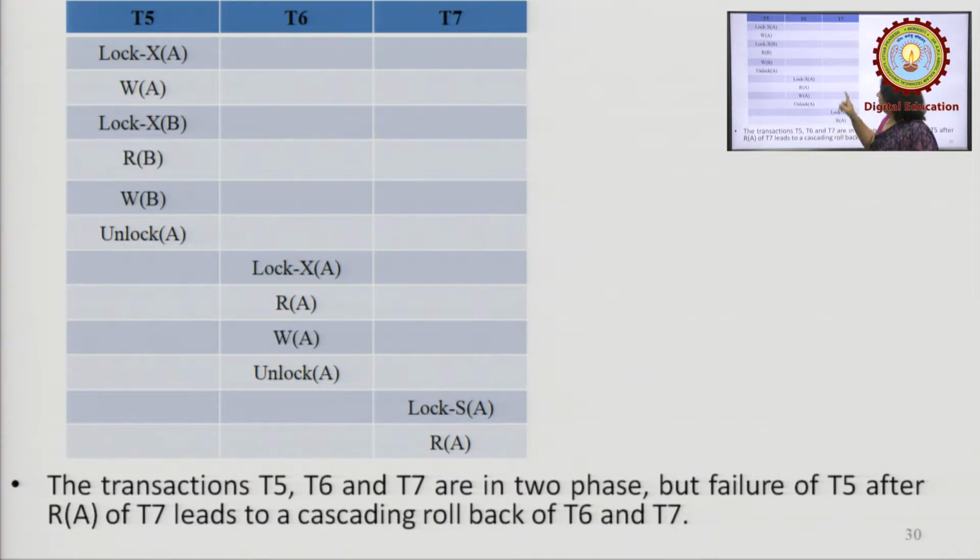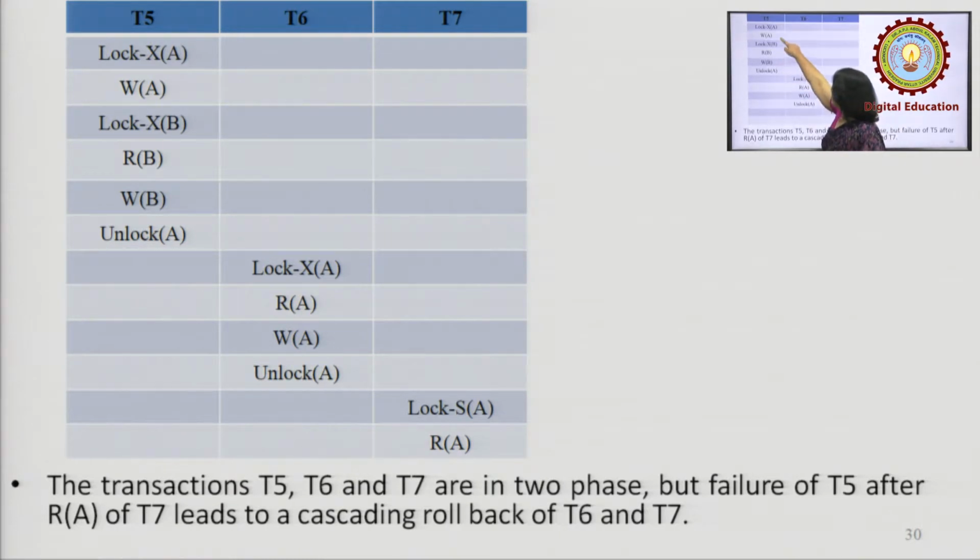Now, all these three transactions T5, T6 and T7 are in two-phase locking. But if the failure of T5 happens after read A of T7, that is after T7 has read the value of A, if T5 fails, then let us see what happens.